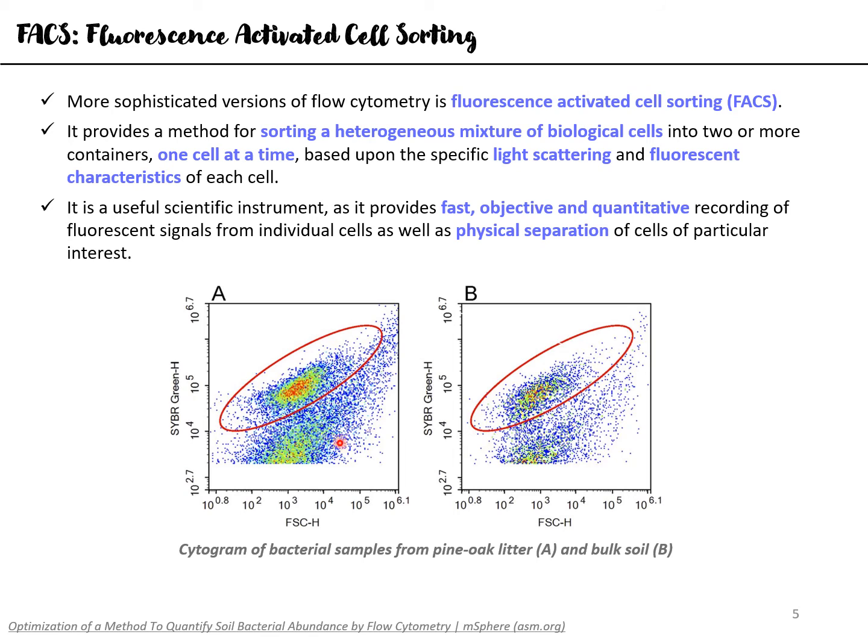And this red encircled area essentially highlights the cells of interest. So this is referred to as gating. So you have to identify the parameters based on which you will say, okay, if my cells fall under this particular area, only then are they of interest to me and not otherwise. So defining this parameter or this area is called gating of the cytogram.